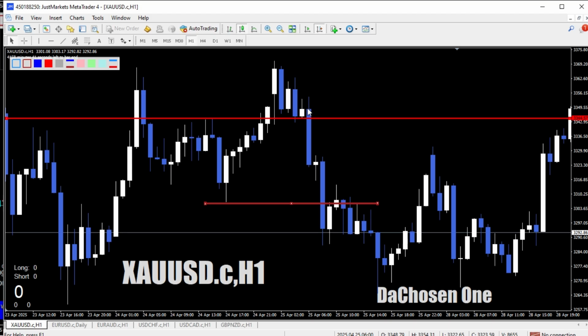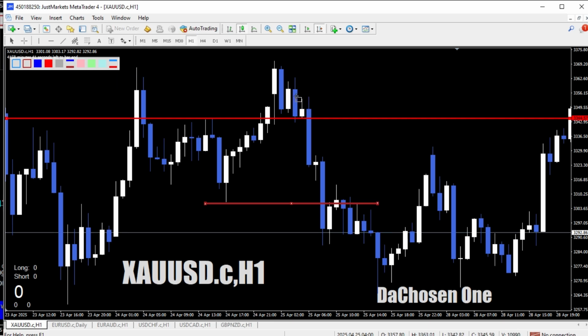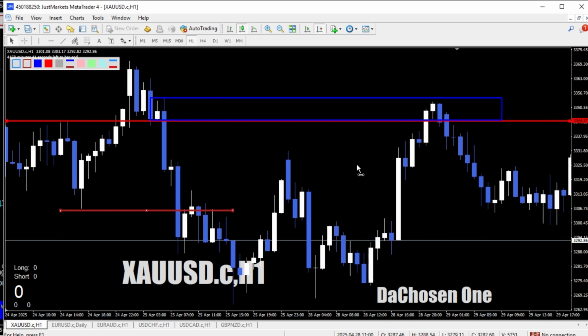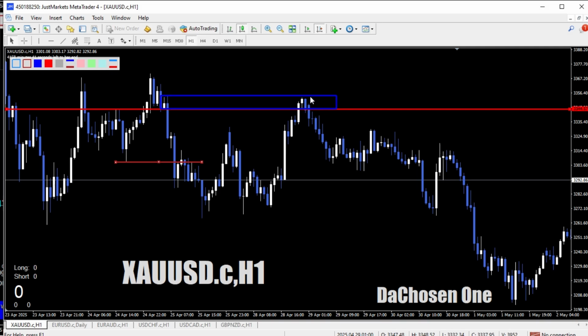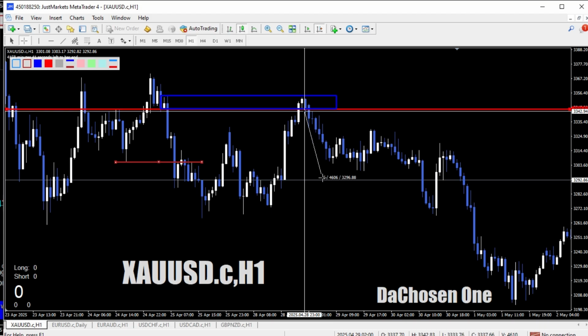This is a bearish engulfing candlestick pattern, and this is type 1. But this was a clean sell.